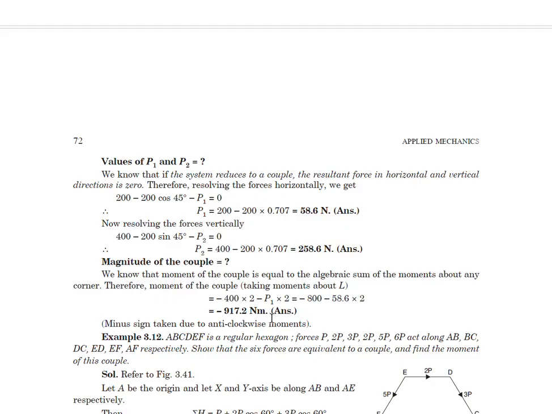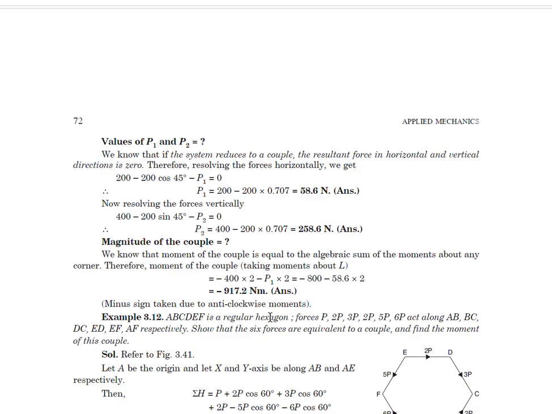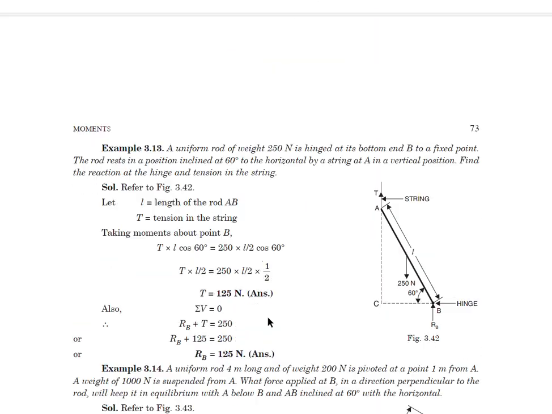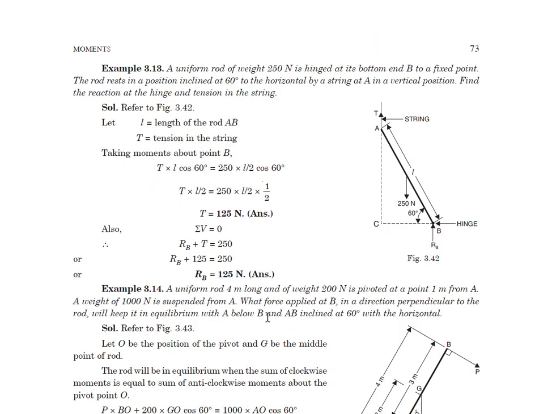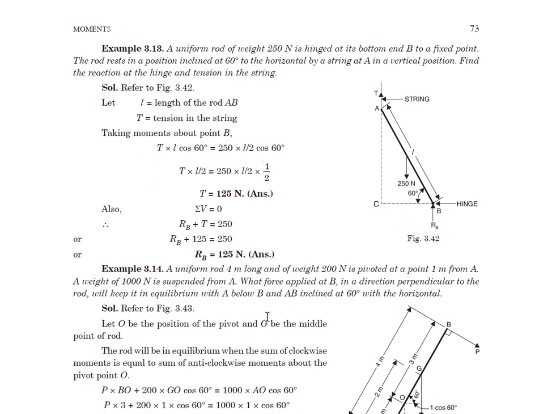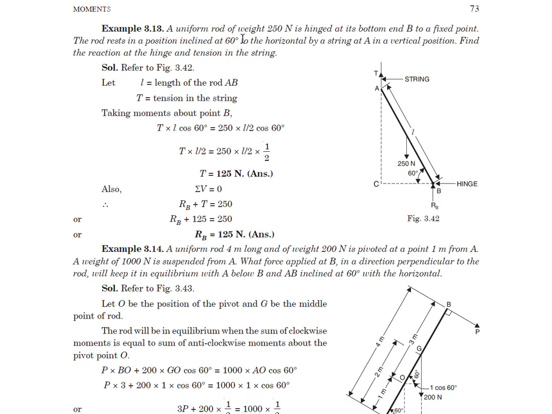Let us now discuss the next example, which is 3.13, sorry. A uniform rod of weight 250 Newton is hinged at its bottom end B to a fixed point. The rod rests in a position inclined at 60 degree to the horizontal by a string at A in a vertical position.